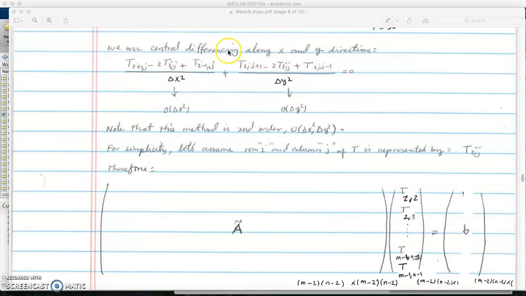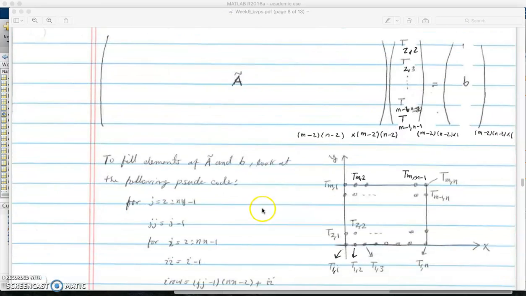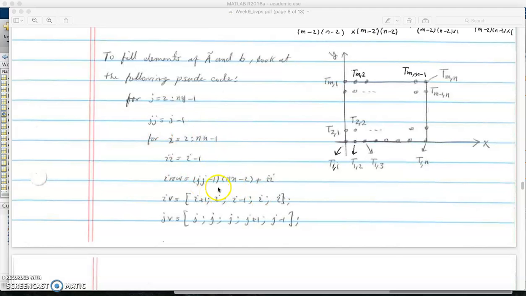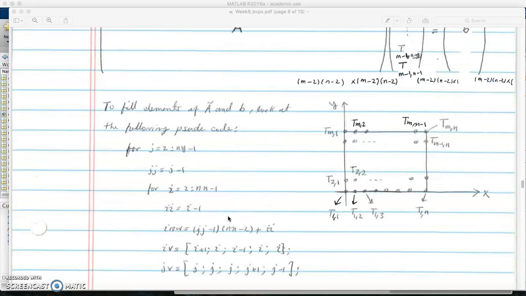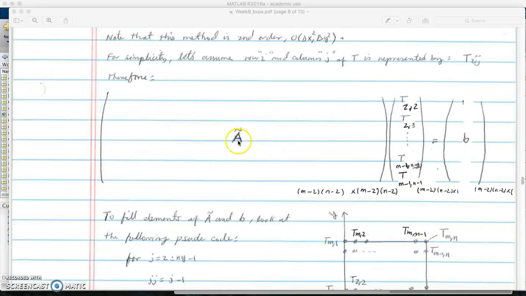Like these two are the same, so these two would count as one unknown, 2, 3, 4, and 5. So basically for every equation you have to put 5 numbers along every row, but the question is in which column you have to put these 5 numbers. So then you have to go over this loop. This loop tells you, for a given I and j, what row and what column contributes to every equation in this matrix.